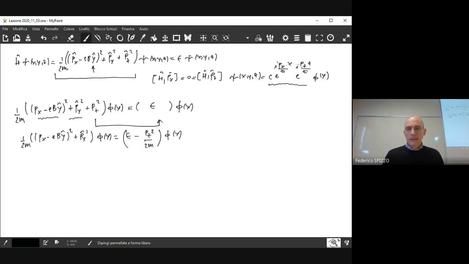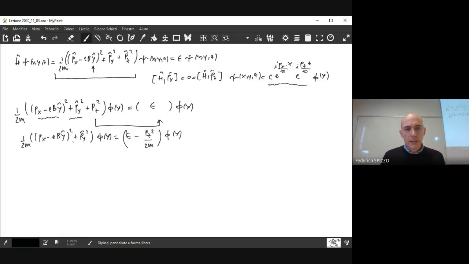So you do not expect that the magnetic field applied along the z direction will change the energy of the electron, since what you have here is just the free electron expression related to the z component. So you expect that if the energy changes, it will change due to some contribution of the x and y components, but for what concerns the z component, that is the component of the application of the magnetic field, the result is the same result you would have obtained for free electrons.